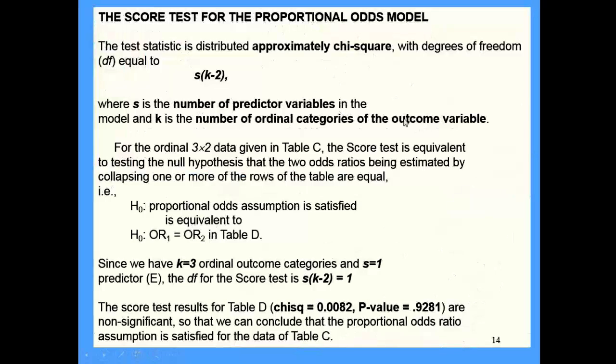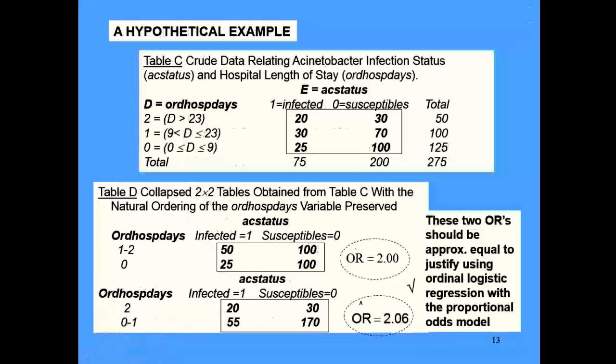The score test is equivalent to testing the null hypothesis that the two odds ratios being estimated by collapsing one or more of the rows of the table are equal. Null hypothesis is that the proportional odds assumption is satisfied, or alternatively, if you're just using the crude data, and you're not controlling for anything, then another way to state the assumption is that these two odds ratios are equal.